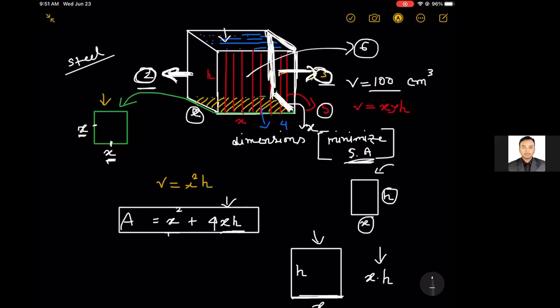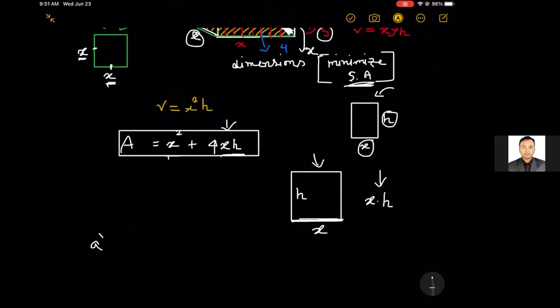So the first thing is, the question might have the first part: write the surface area of the tank in terms of the sides of the square. I mean the base, of course. Here the base is squared, right? So the question might say, write the surface area of the tank in terms of the square base.